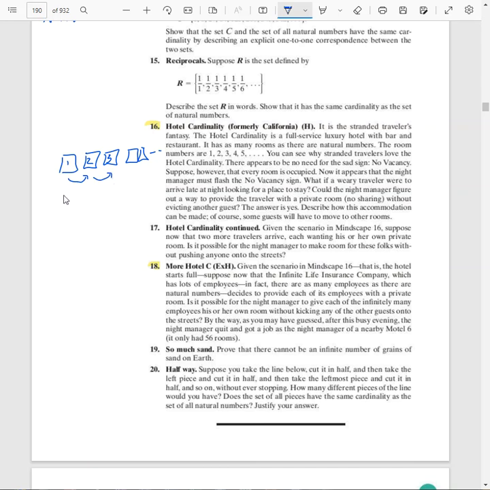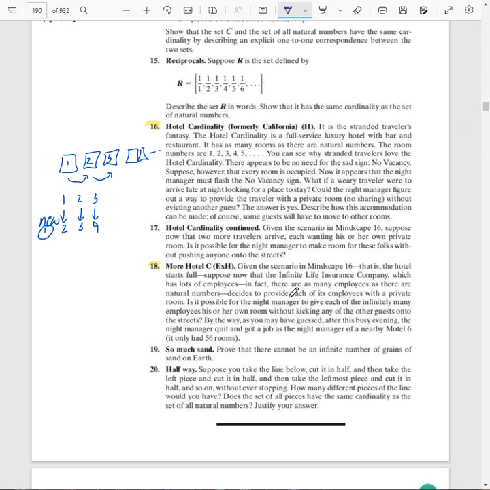We might say that 1 is going to go to 2, 2 will go to 3, 3 will move to room 4, and look at that. Now room 1 is open for the new traveler. And it doesn't matter how many travelers you get. You can always have people move down to the next room because there's always a next room. You can't put somebody in the last room, but you can put them in the first room.